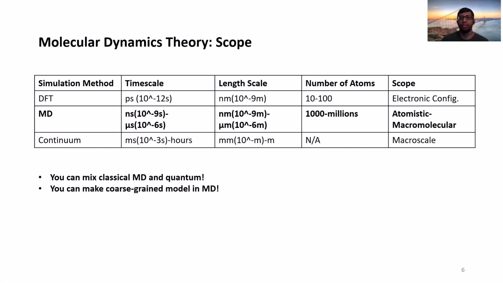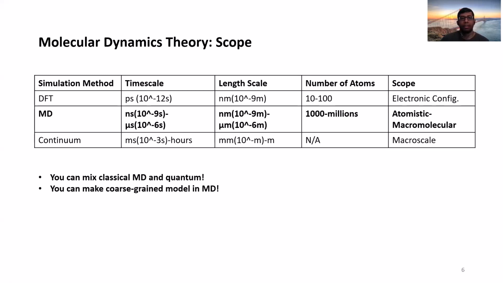And if we talk about the scope, there are several simulation methods at our disposal. Density functional theory deals with a very small time scale, for example picoseconds, and also a very small length scale. You can simulate nanometer lengths of a system for several picoseconds, but you can deal with only a few atoms because you are working at the electronic configuration level. But with molecular dynamics, the range in terms of time scale and length scale is quite diverse.